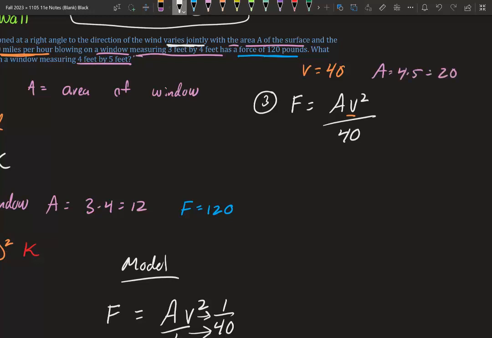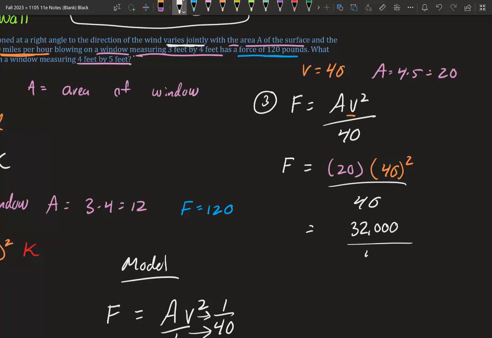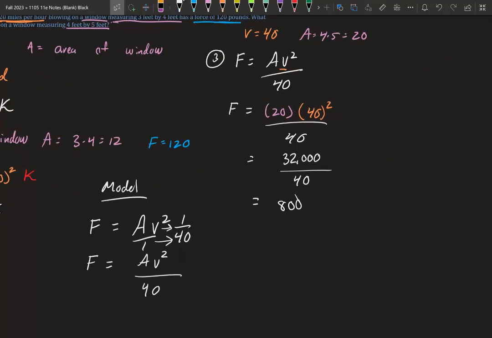Let's plug it in. Force equals area, which is 20, times velocity squared, which is 40 squared, and that's all divided by 40. So 40 squared times 20 is 32,000. 32,000 divided by 40 is 800. Now, what does that mean for us?